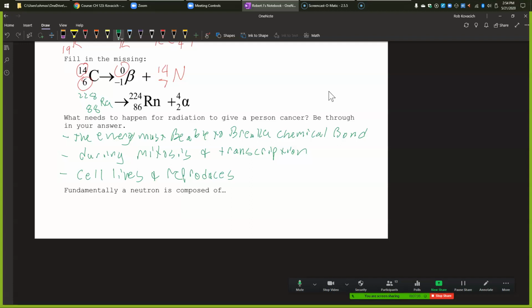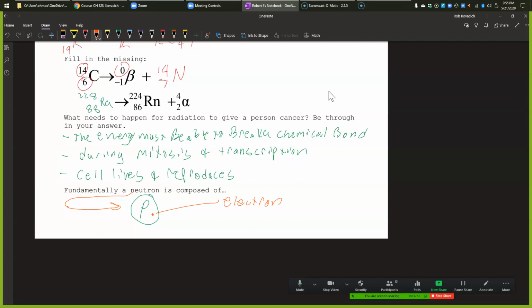All right, fundamentally a neutron is what? Nuclear. Isn't it just a proton with an electron in it? It's a proton with an electron basically attached to it. So the proton is a +1, the electron is a -1.